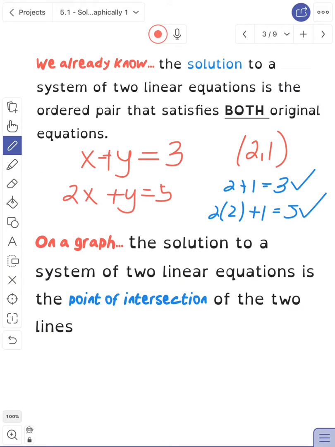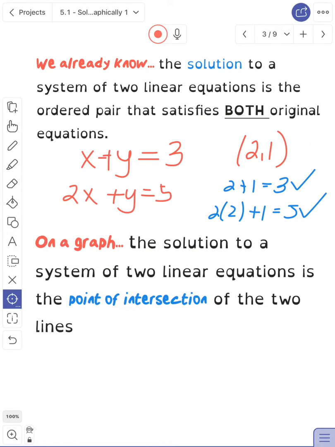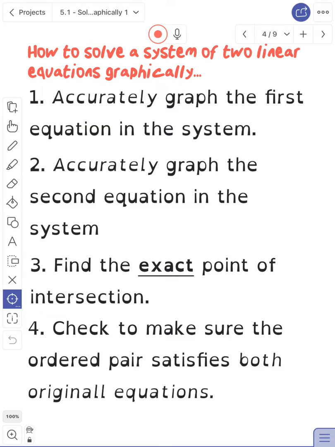So our new material for today is when we do this graphically, we're going to look for the point where those two lines on the graph intersect. So that will bring up an overall process for us to do today. When we're trying to solve a system of two linear equations on a graph, what we should do is graph the first one, and then graph the second equation.